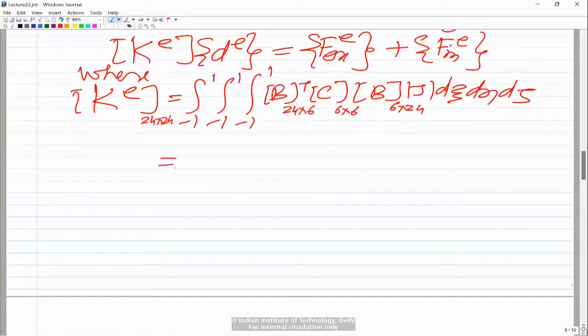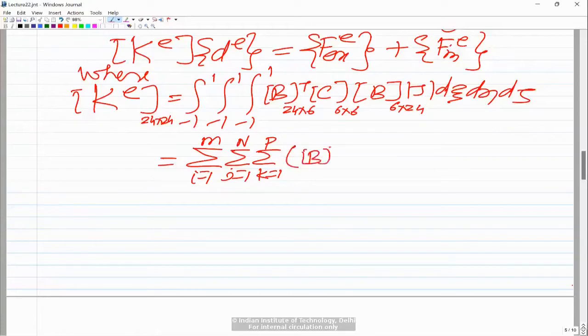Now of course the evaluation of the stiffness matrix is done through Gauss quadrature numerical integration. Earlier we have seen the two-dimensional integration. Now the triple integral would be replaced by a triple summation. So we will have summation i going from 1 to m, summation j going from 1 to n, and summation k going from 1 to p. Then we evaluate this at each Gauss point.